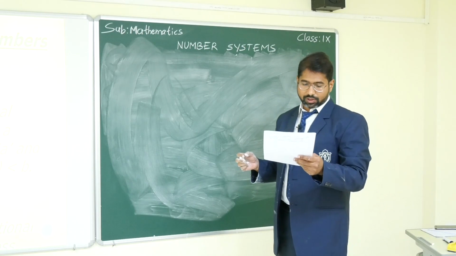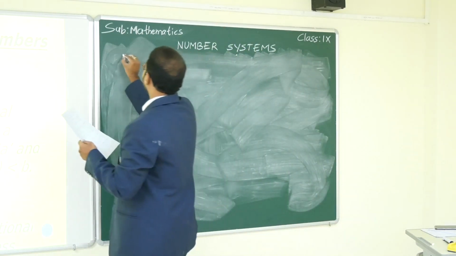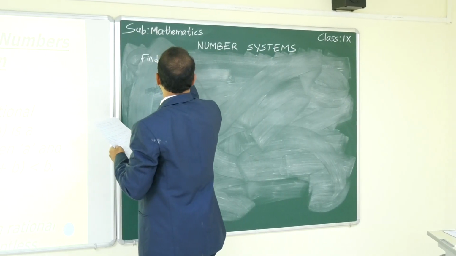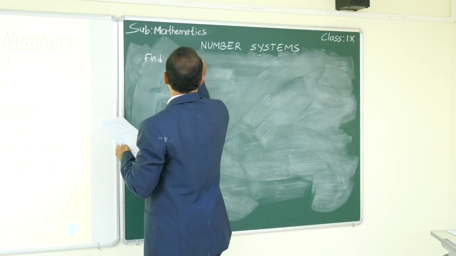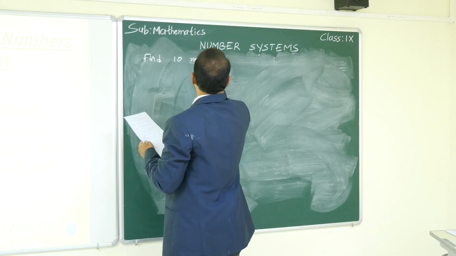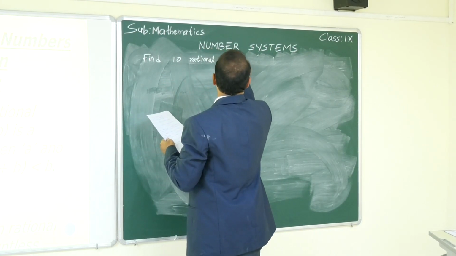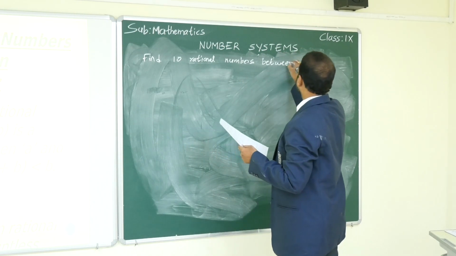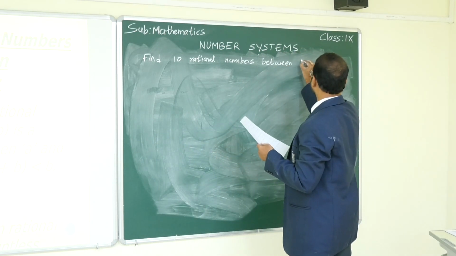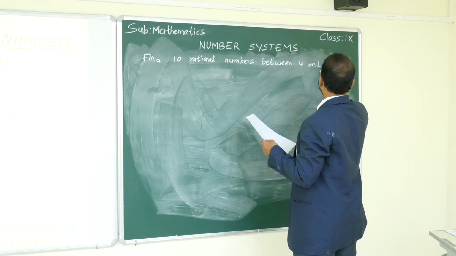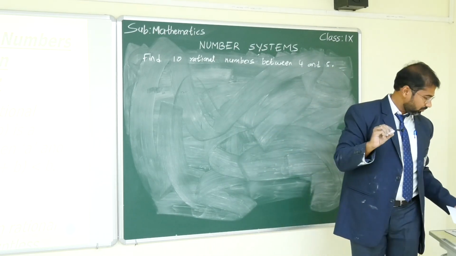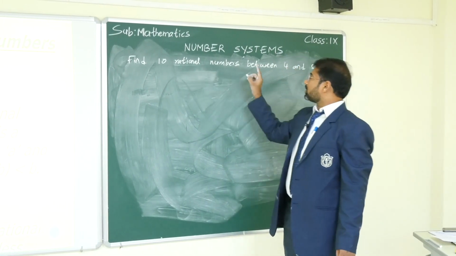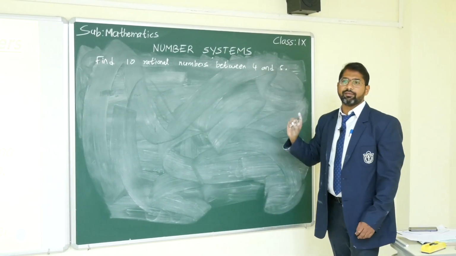Let us solve one more sum. The question is, find 10 rational numbers between 4 and 5.